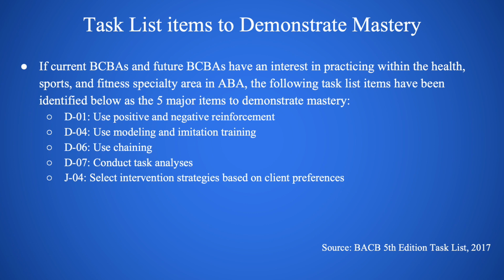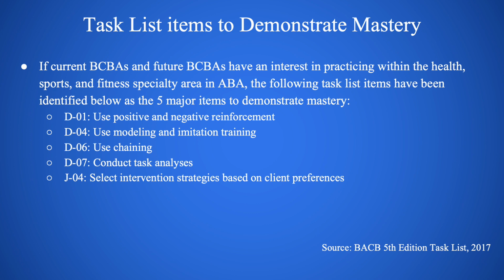D6 item, using chaining. So again, using forward or backwards chaining. Most of the research has demonstrated effective behavior change with using backwards chaining when teaching a behavior sequence of steps. And then that goes along with D7, conducting task analyses.